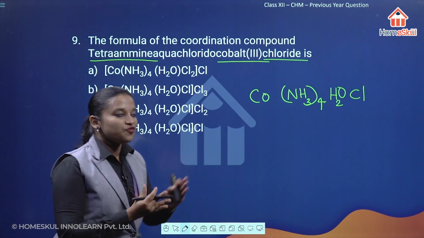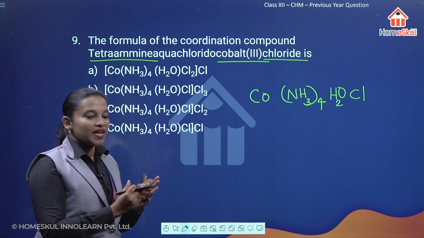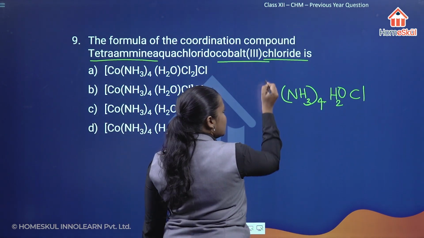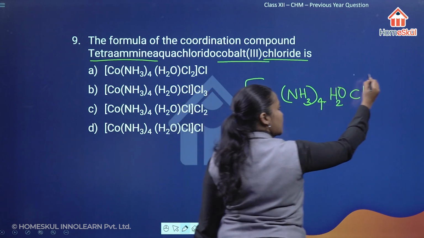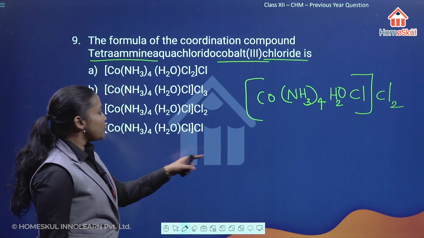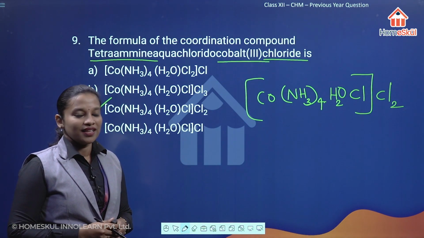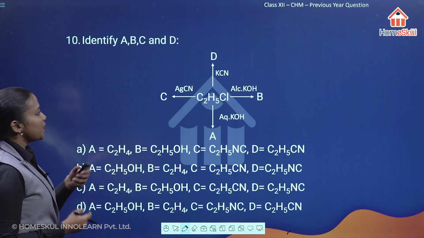In order to satisfy the oxidation number, that is, the oxidation number of cobalt is 3, the compound will be Cl2. Okay, which is the correct option? Yes, this is the correct option. Now moving on to the next question.